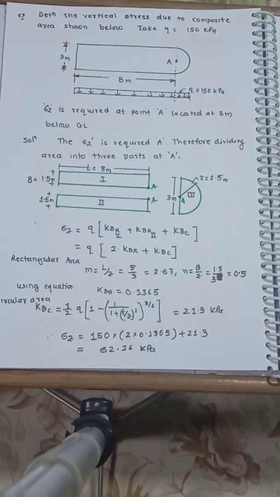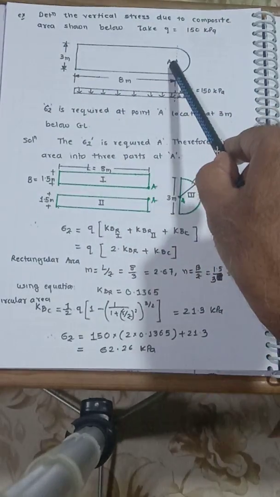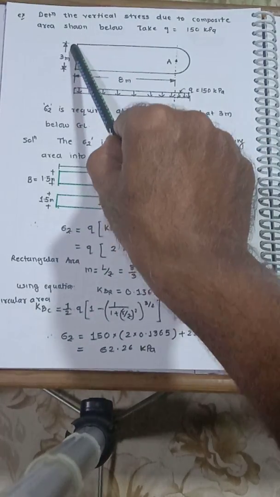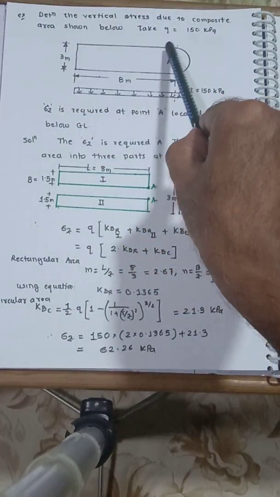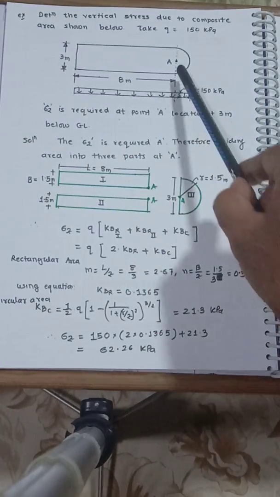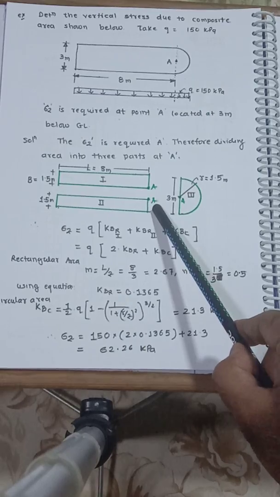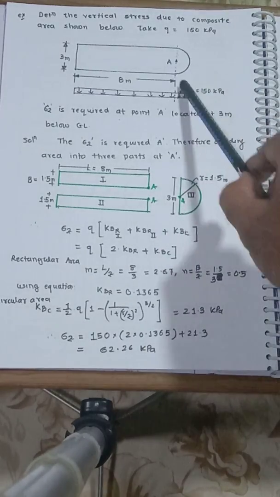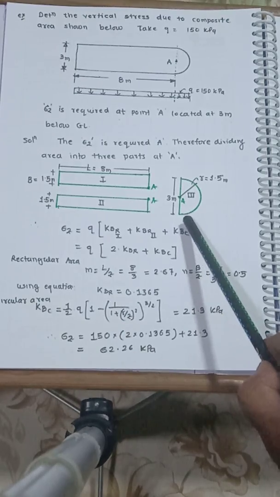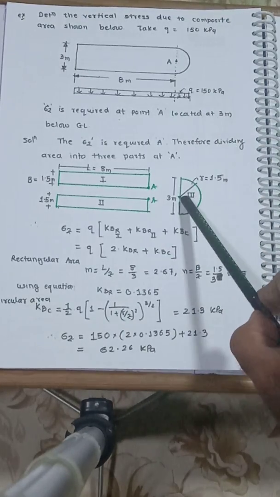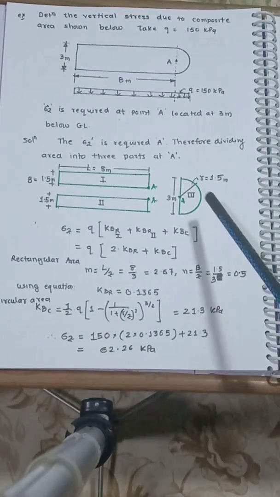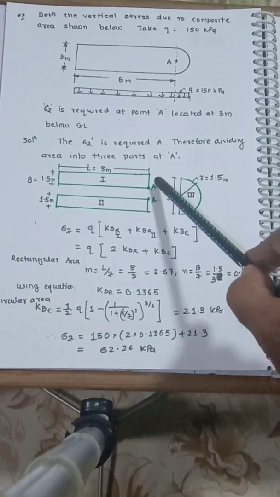As we know, our expression is for a corner, so what we'll do is draw a line from point A in this rectangle area and divide the rectangle into two parts, part 1 and part 2. So point A will be the corner for each. At the same time, this is the circular part, the half, that is a semicircle, and point A acts as the center, because we have an expression for a circular area at the center, whereas for a rectangular area we have the expression at the corner.